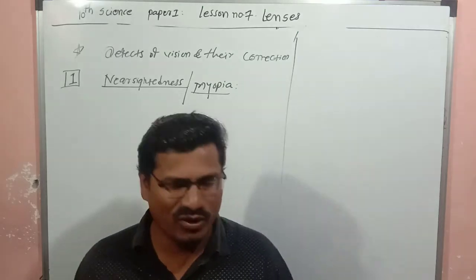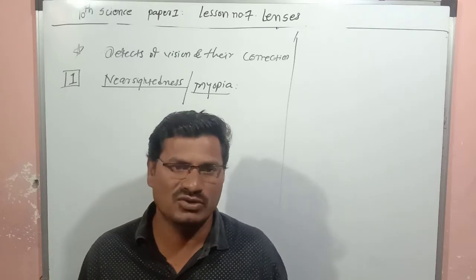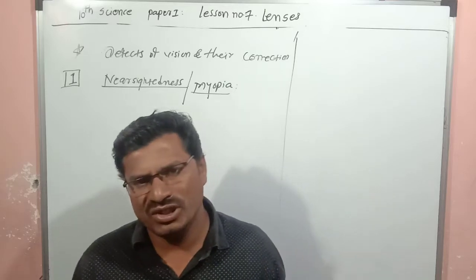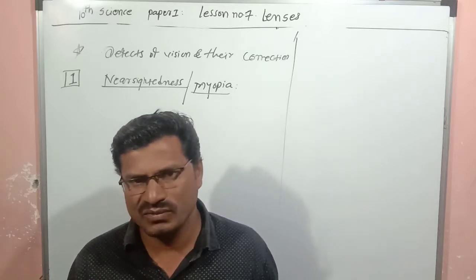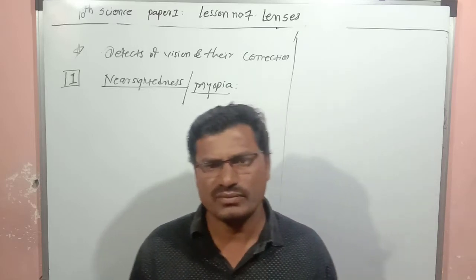And the next point is how to correct that particular defect. First thing is that this defect can be corrected by using concave lenses. Nearsightedness can be corrected by using concave lenses.